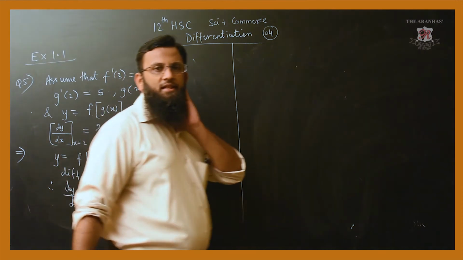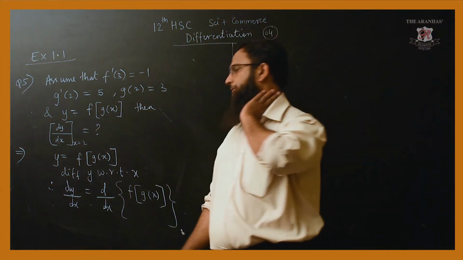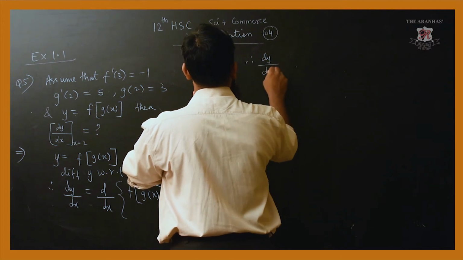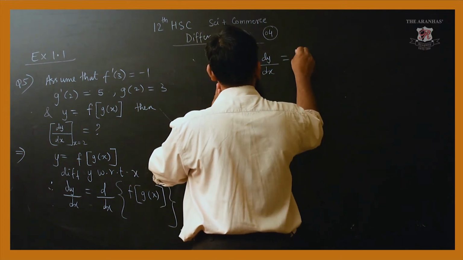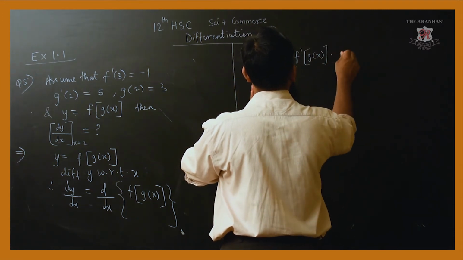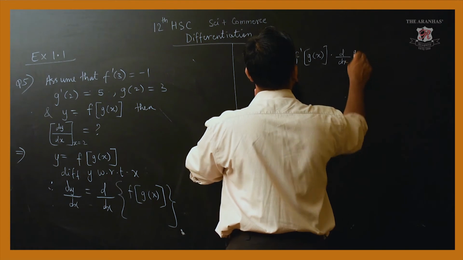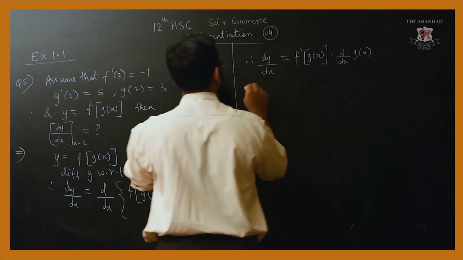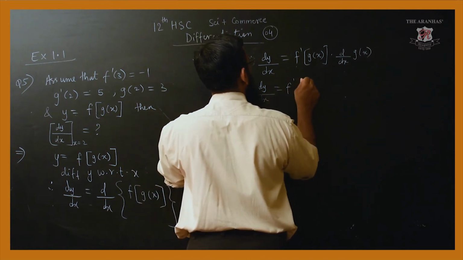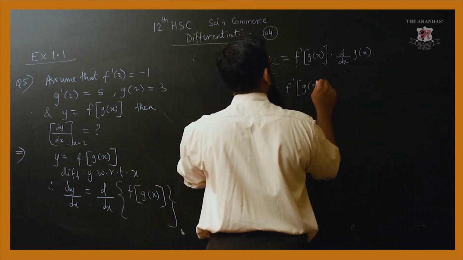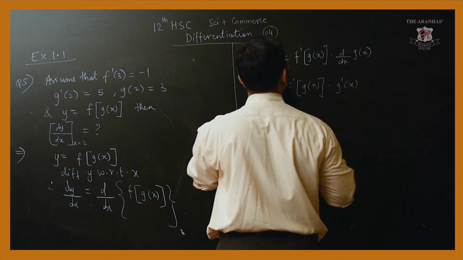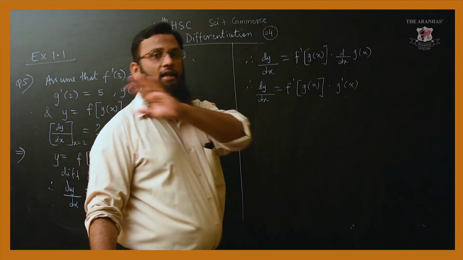In the previous class itself, I have taught you what is f of g of x. So it will be dy by dx is equal to f dash of g of x into d by dx of g of x, and therefore dy by dx is equal to f dash of g of x into g dash of x. This is my main general equation.